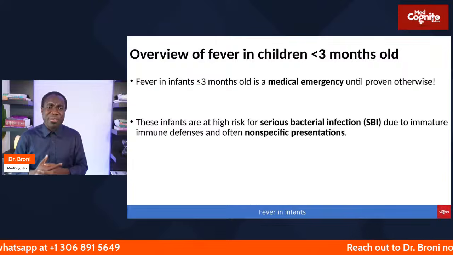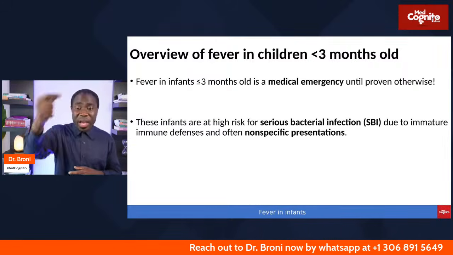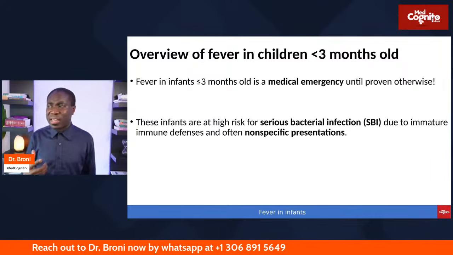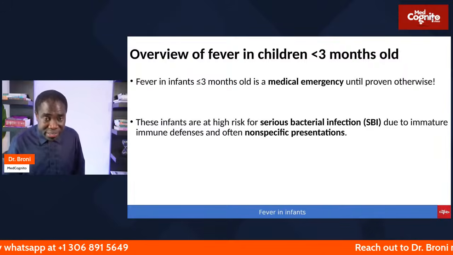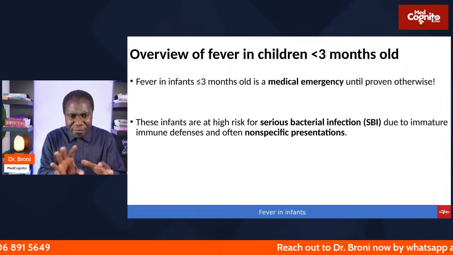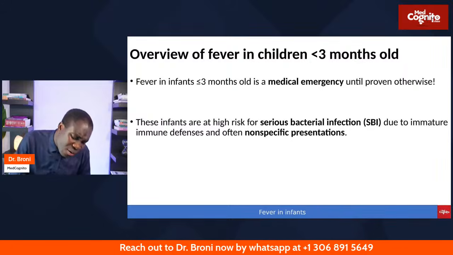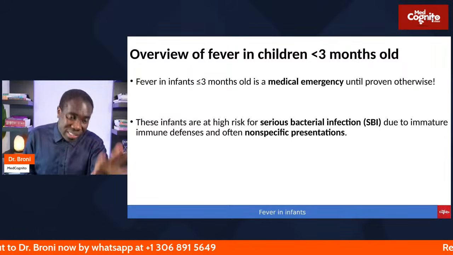And these infants are at high risk for serious bacterial infection. That is why, if you remember in the questions, even though the child is, say, 2 months and has an obvious ear infection, you want to do some further septic workup to check, right? Don't just say, oh, it's a simple ear infection, so you can go home with some amoxicillin.